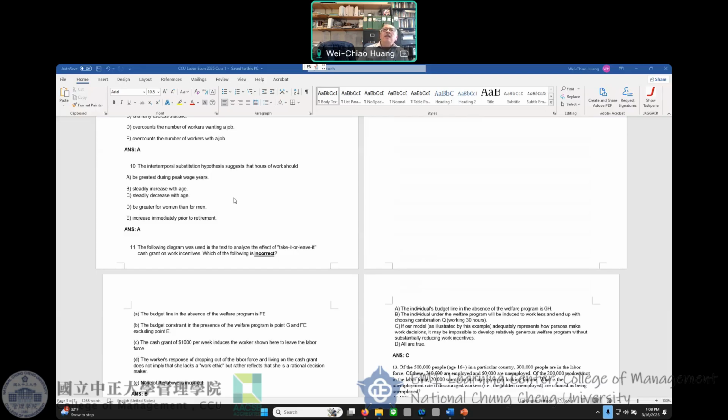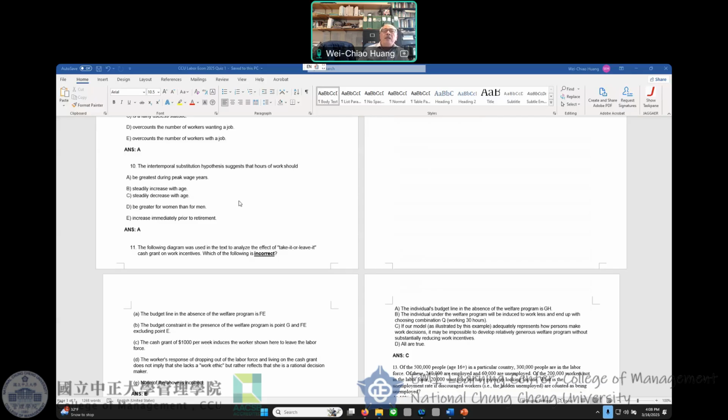Basically, it says that during the life cycle of labor supply decision, when the person experiences a better wage prospect, there will be a substitution effect for increasing labor supply at that particular time point. So that is going to increase labor supply when wage is high.